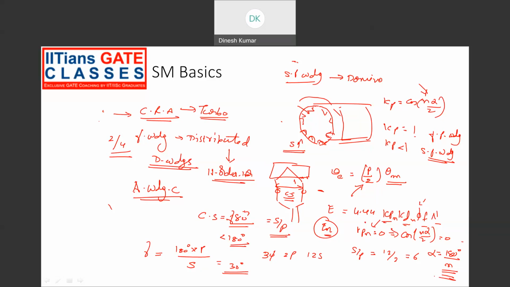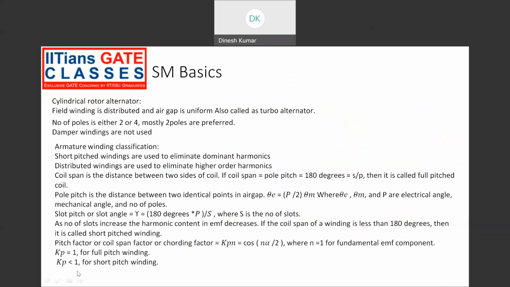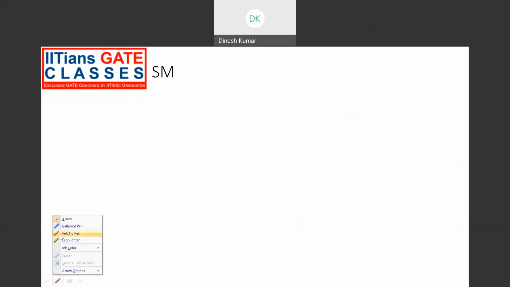Okay, let's go to the next slide. This is what I have discussed in the earlier slide. So for a short pitched winding, the slot angle alpha to eliminate the nth harmonic is given by 180 degrees by n.